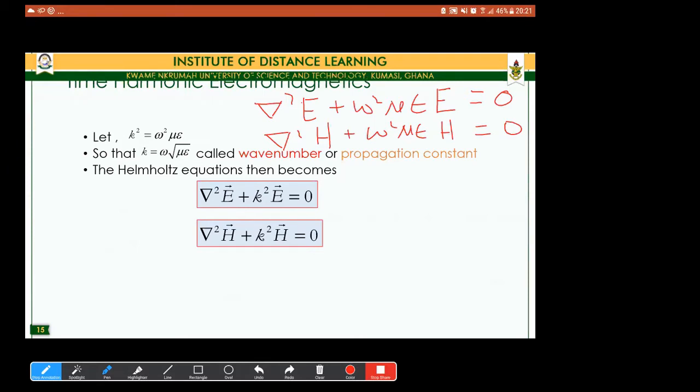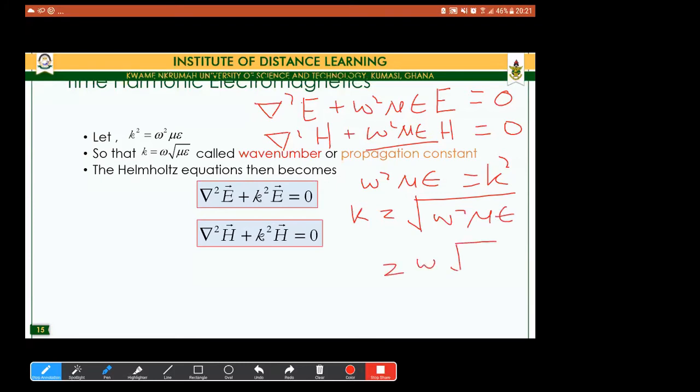So the component here, omega squared mu epsilon, we shall substitute as k squared. And therefore k will be equal to the square root of omega squared mu epsilon, which is omega times the square root of mu epsilon.